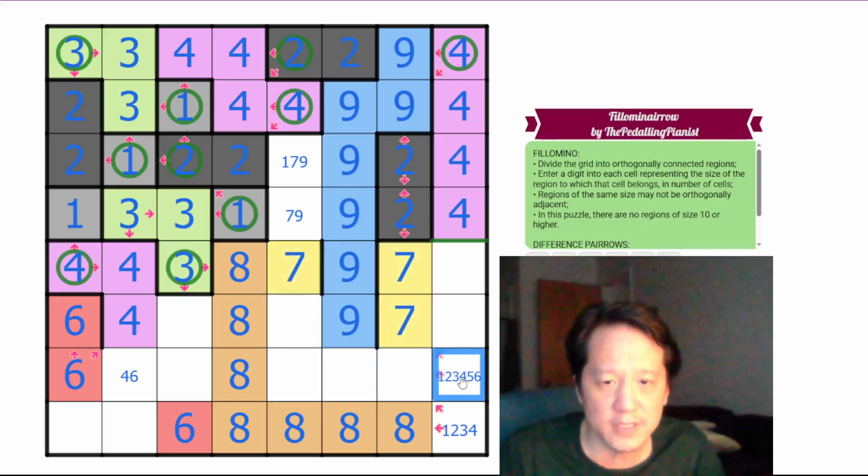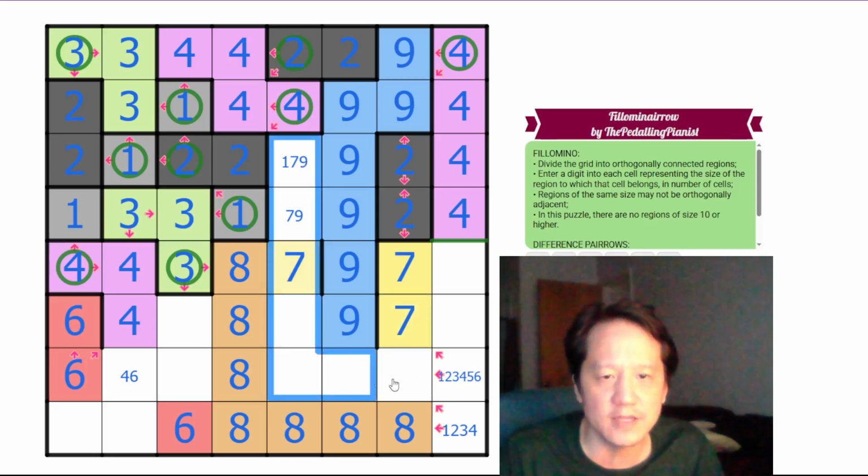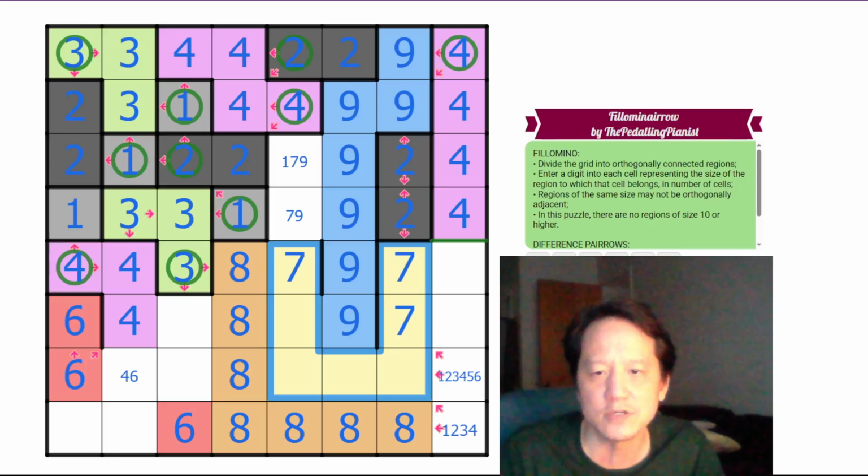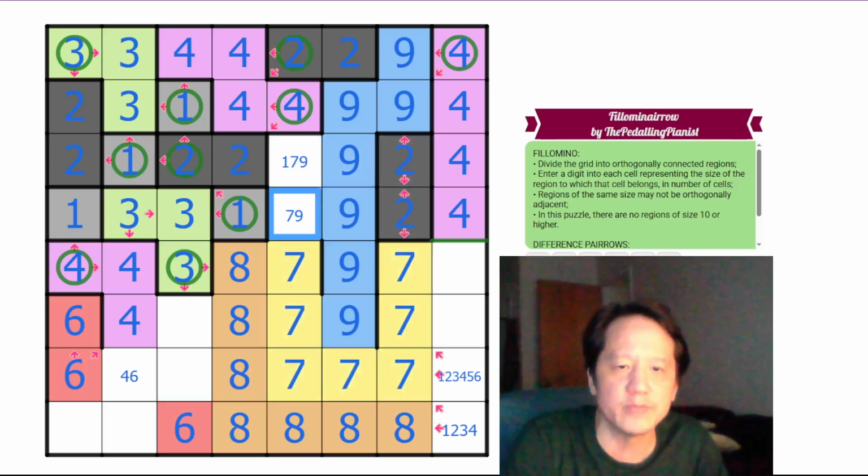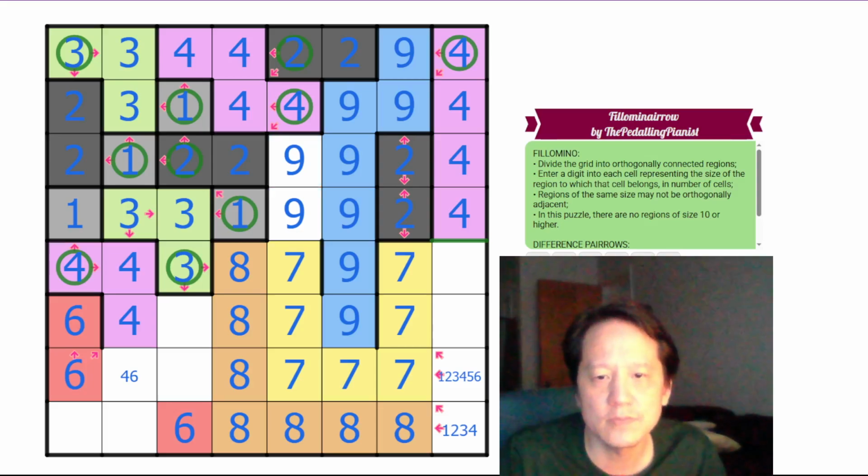Right? Because this can't be 7 anymore. Or this can never be 7. So 7 has to go... If it's 7 here, as a region, it has to go here, which means they have to orthogonally connect. So this is all 7, which means this can't be 7 here. That's 9 and 9. So that's boundary.